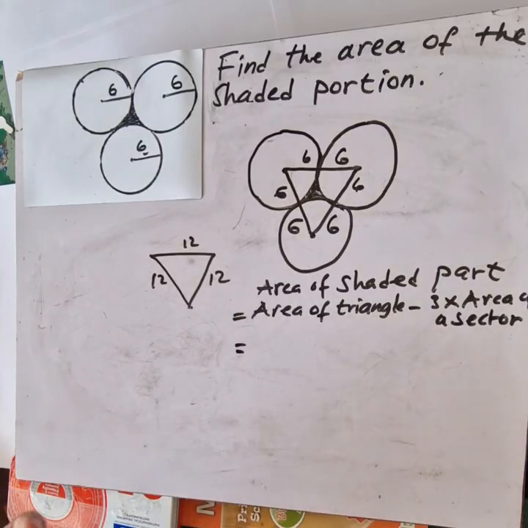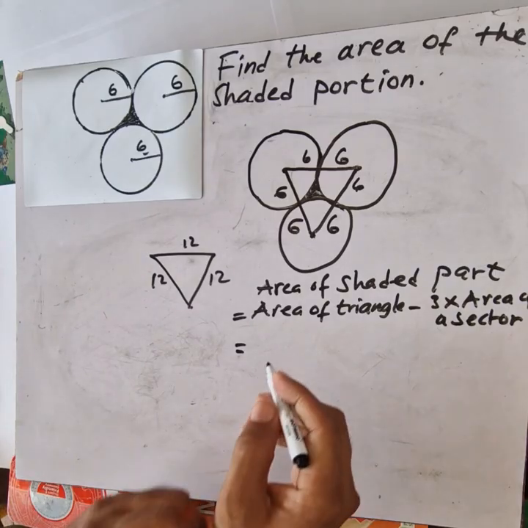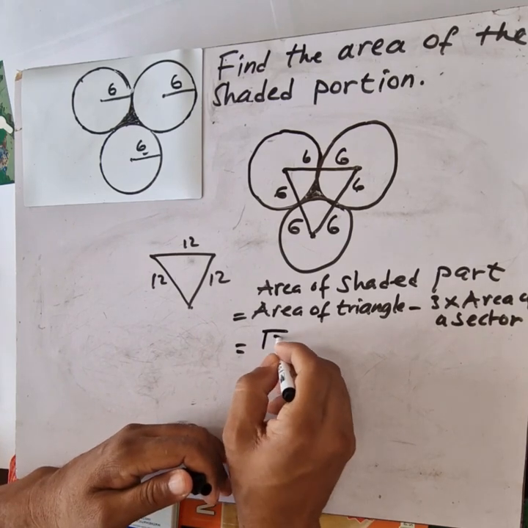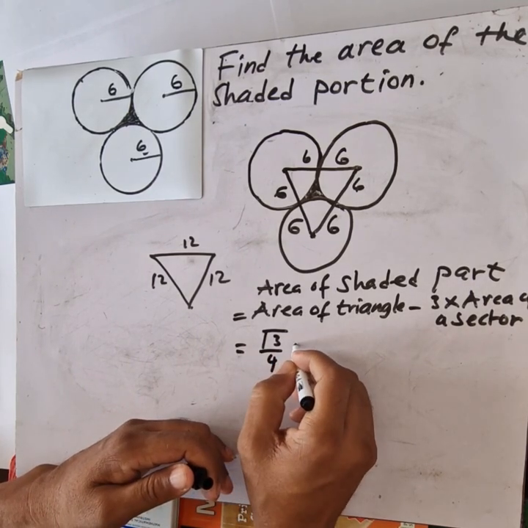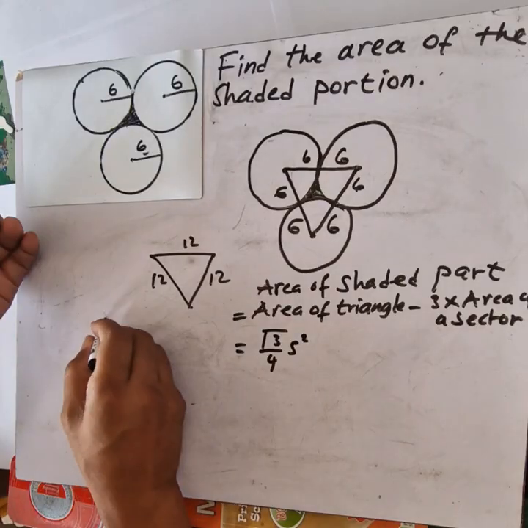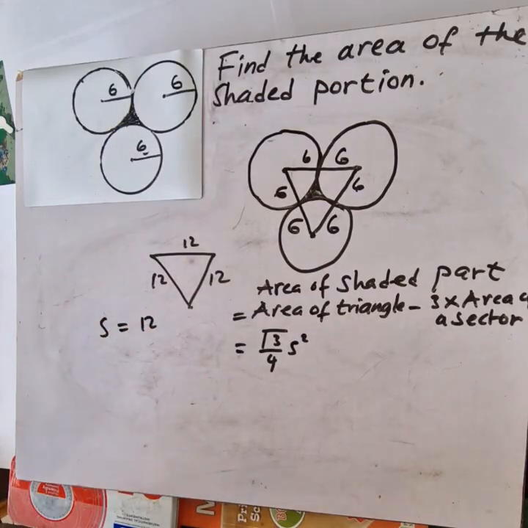So this is turning out to be interesting. Now, there is a formula for finding the area of an equilateral triangle without necessarily thinking of the height, and the formula is root 3 over 4 times s squared, where s is one side of the triangle.